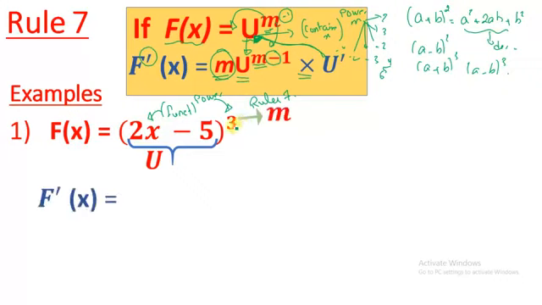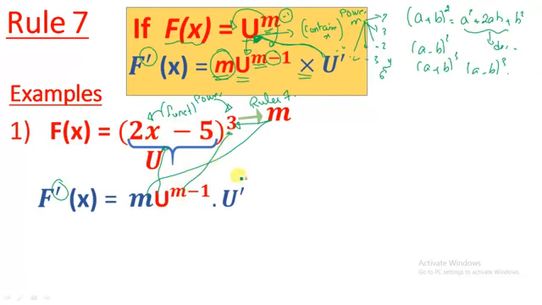Let's write the rule of derivative. F prime of x equals m multiplied by u to the power m minus 1 multiplied by u prime. First, m is with me, it is 3. u, it is also with me, it is 2x minus 5. M minus 1, yes, it is 3 minus 1, which is 2. Still, I need u prime. U prime is the derivative of u, so it is easy.